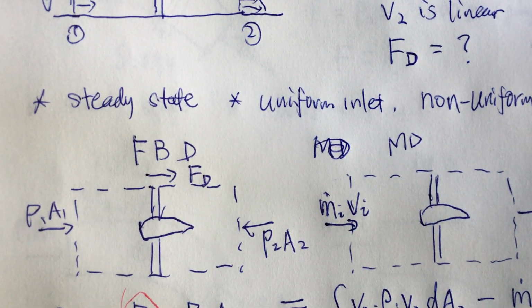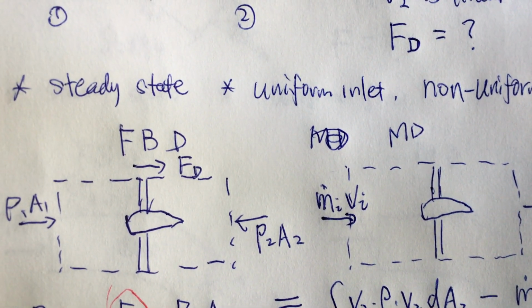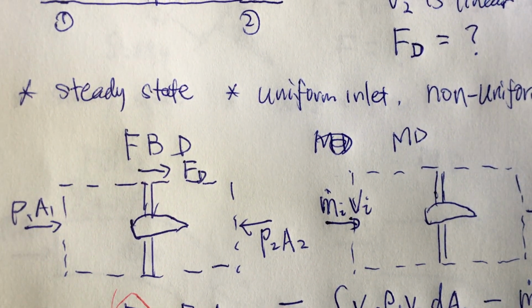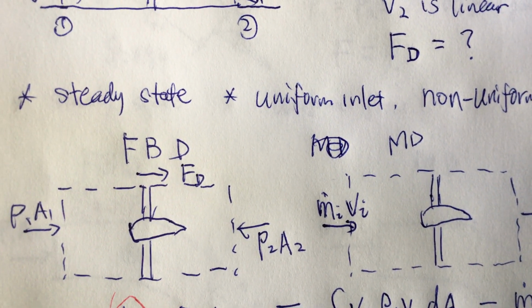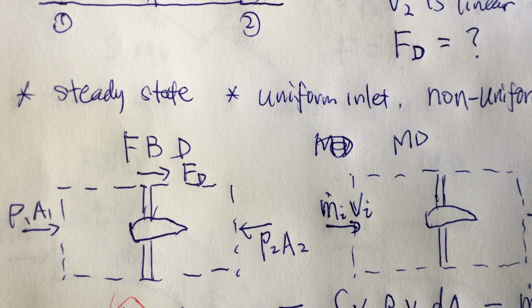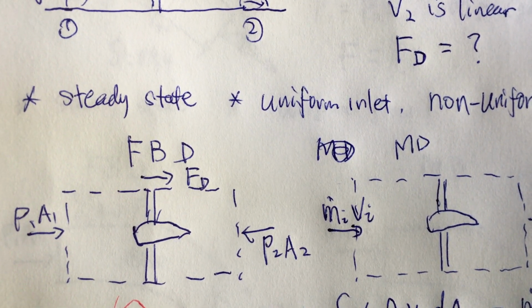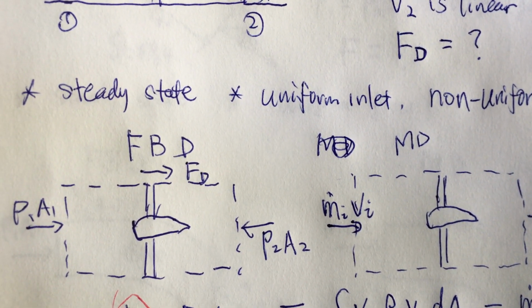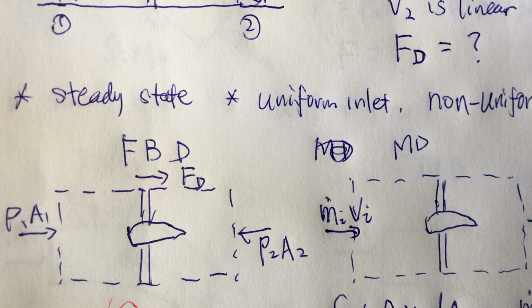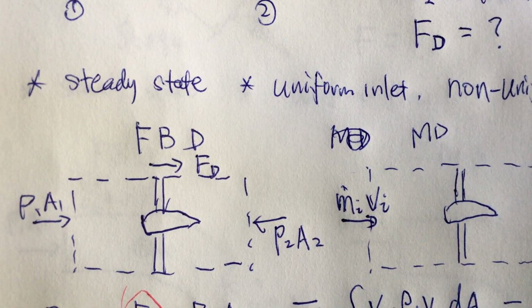Obviously your airfoil is inside the control volume. So if you look at this volume, you have to detach the support from the wall and replace it by the force required to hold it, Fd. We always specify Fd in the positive x direction. It will be negative, but it doesn't matter. We place Fd in the positive x direction.